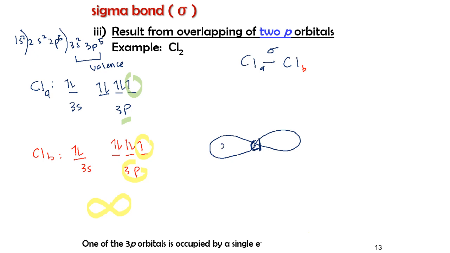Chlorine, and it is a 3p orbital, with one single electron, and another 3p orbital. Label Cl, 3p, and pair up the electron. Once paired up, don't forget to label the sigma bond.